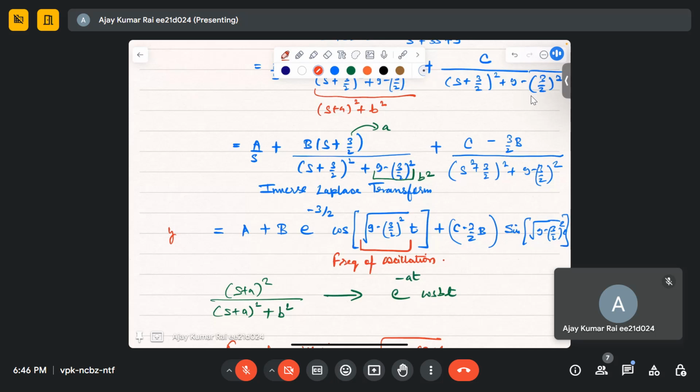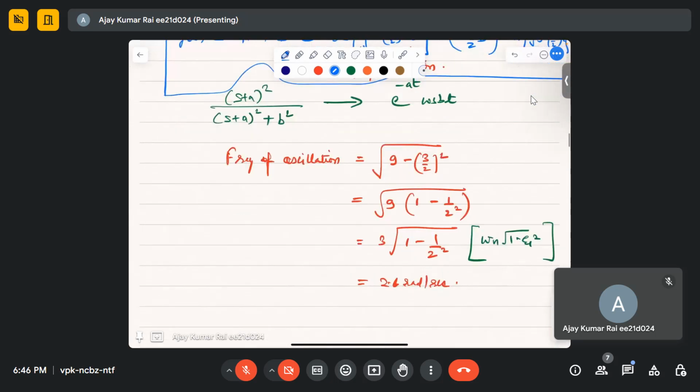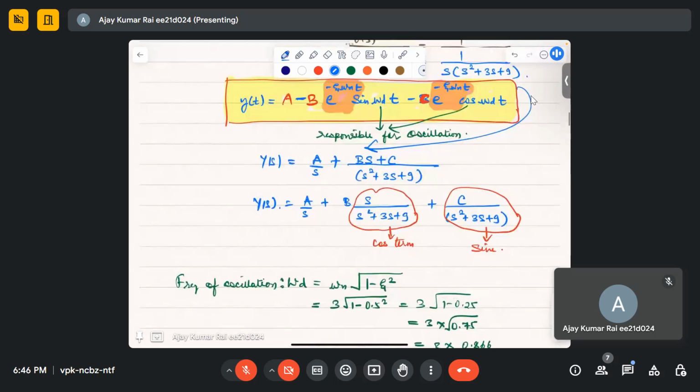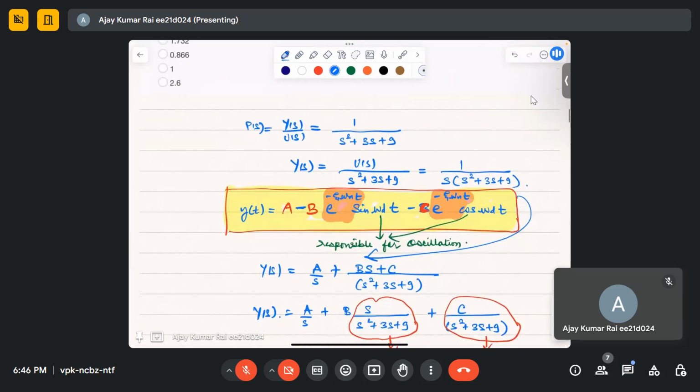So this will be y of t. Any doubt? But we know this y of t equation already.